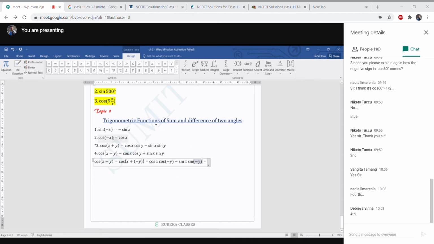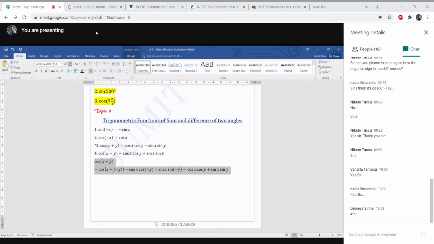We know that cos minus y is cos y, so we can directly write cos x into cos y, minus sin x and sin y. But we learned that sin minus y equal to minus sin y, so this minus sign will come here. So it will be minus minus. Understood? We know that minus minus will be plus.